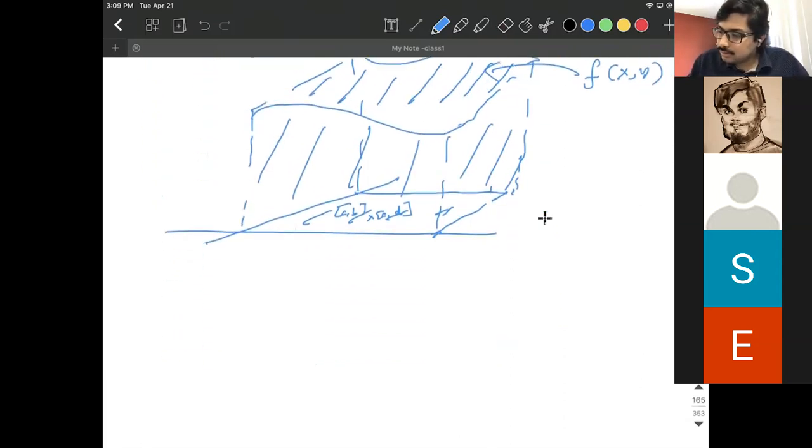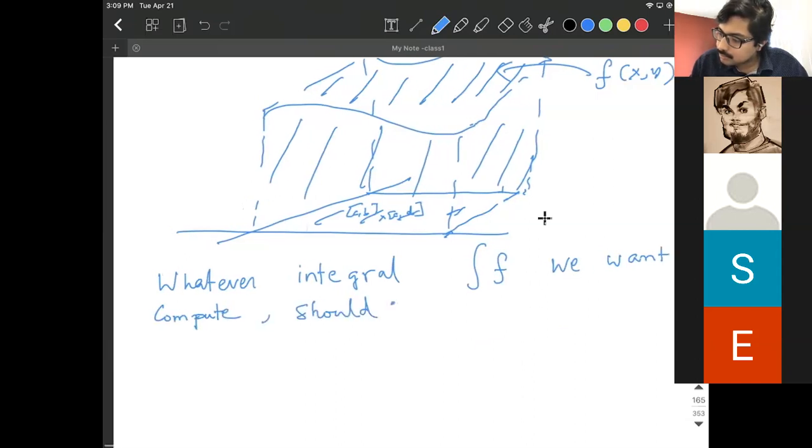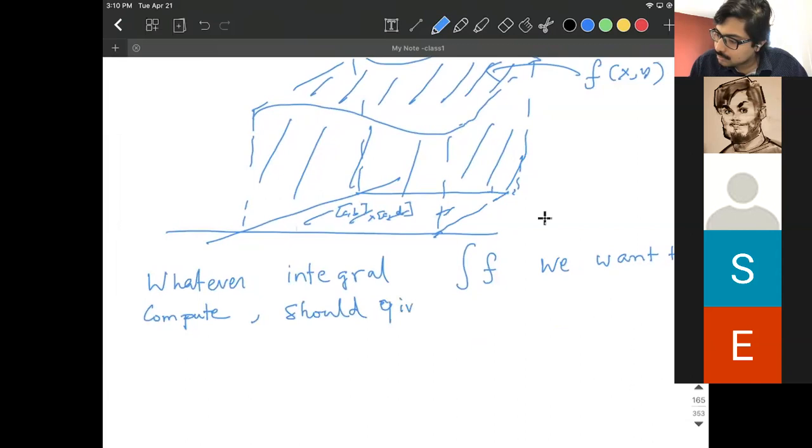So whatever integral of f we want to compute should give us the volume.